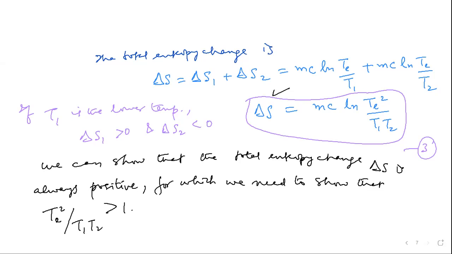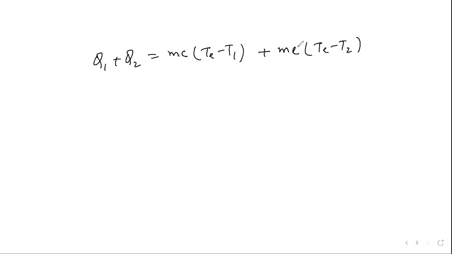Total heat transferred is 0, that is Q1 plus Q2, which is MC (Te minus T1) plus MC (Te minus T2), right? Q1 is the heat absorbed by block 1, where Q2 is heat absorbed by block 2.